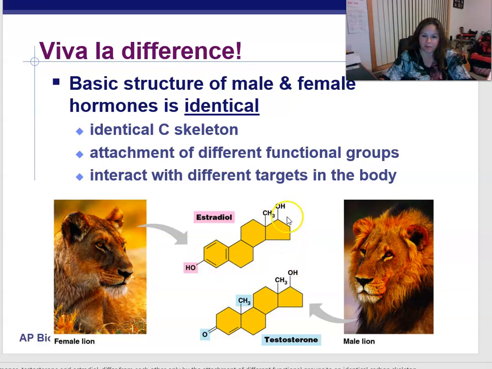But we can see where the functional groups are. There's that OH. CH3 is another functional group. So they look very similar. Testosterone and estrogen, not very different molecules, but look at the different effects that they have just because of these different functional groups. So what we like to call viva la différence, right?